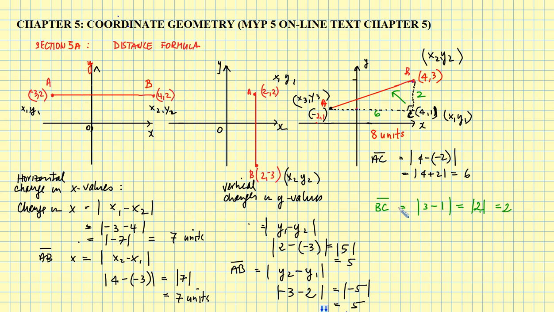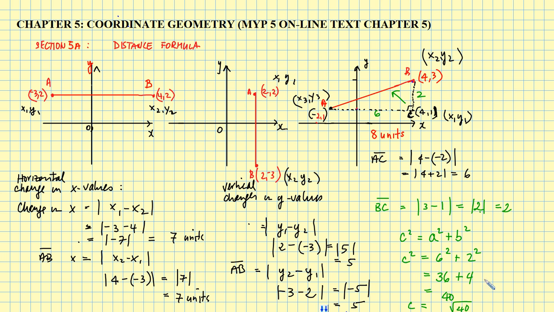So using the Pythagorean theorem, I could say that c squared is equal to a squared plus b squared, and my hypotenuse squared is equal to one of the sides squared plus the other side squared, the sum of those. So I'll have 36 plus 4, which gives me 40. And that means that the value of c would be equal to the square root of 40.